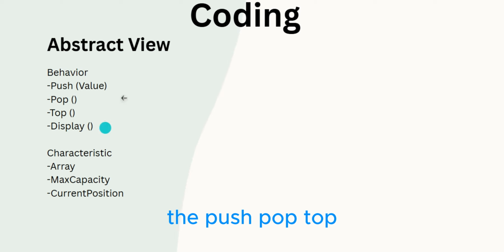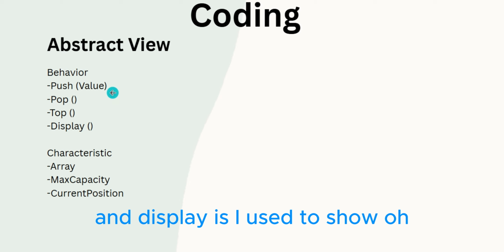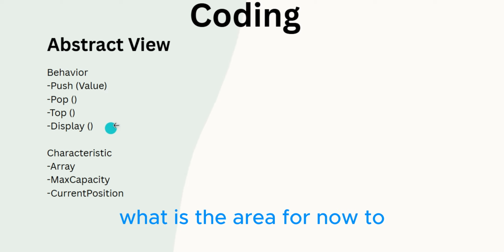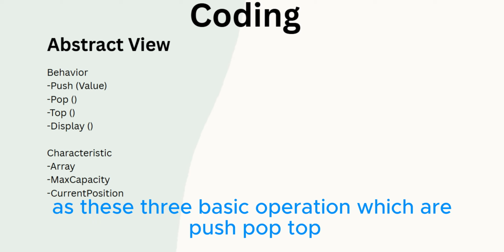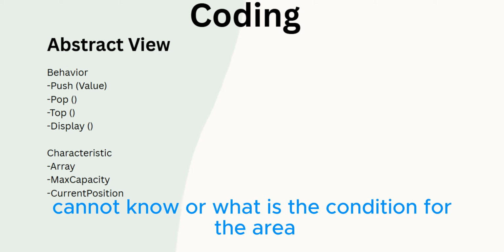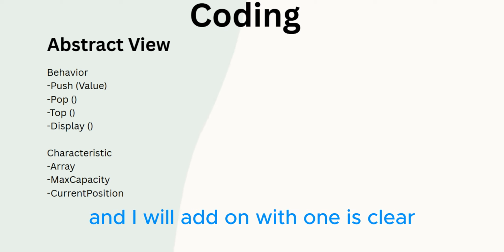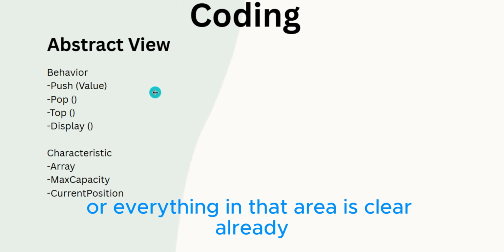The push, pop, top are the three basic operations in a stack, and display is used to show what the value of the array is now. As these three basic operations, push, pop, top, won't display the array, we cannot know the condition of the array. I will add one more, which is clear. Clear just means that everything in that array is cleared.